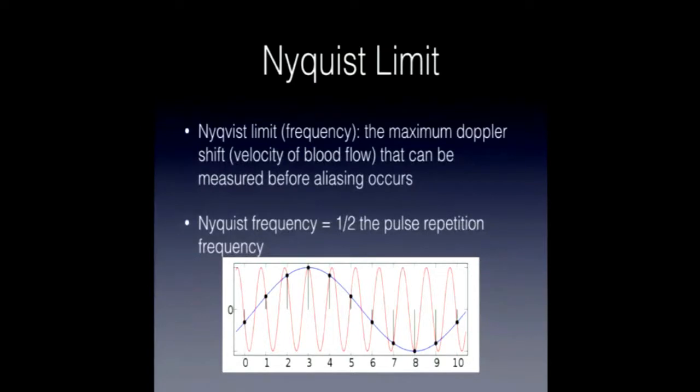If we save these data points and later go to reconstruct this wave, in fact, we get a much lower frequency wave reconstructed from this high frequency wave because we've sampled it so poorly. And that's called aliasing. That's because we didn't sample that higher frequency wave at least twice the frequency of that wave, or above the Nyquist frequency or limit.